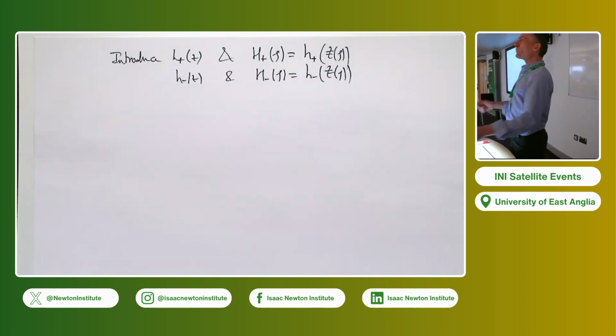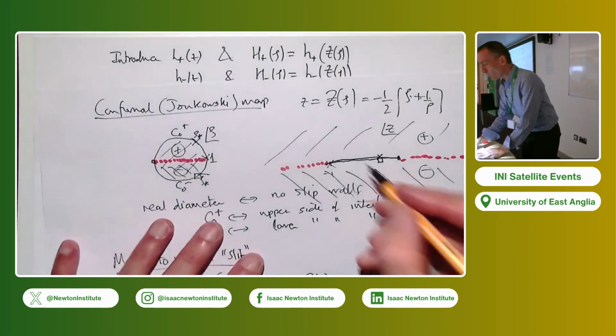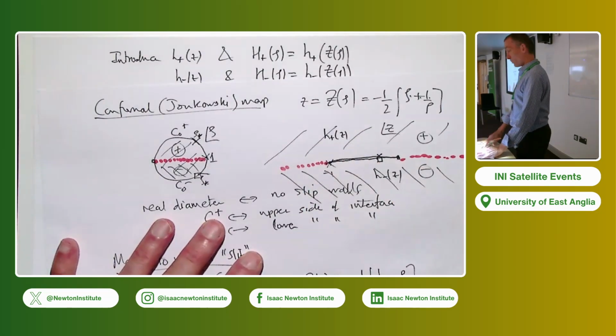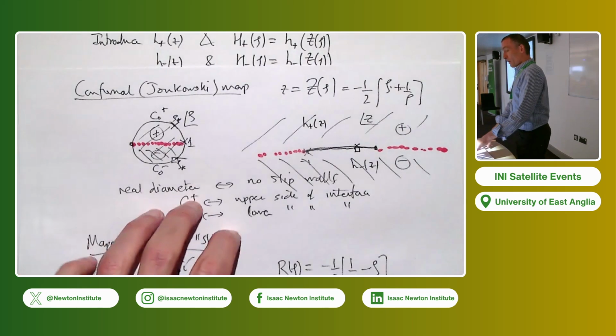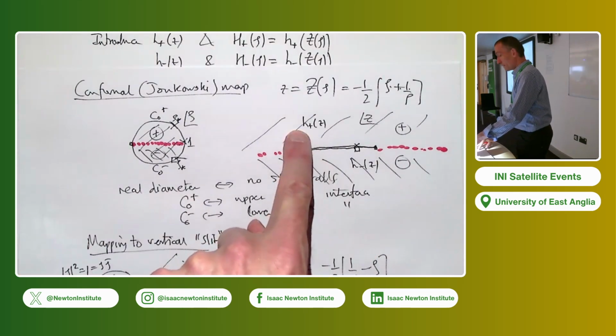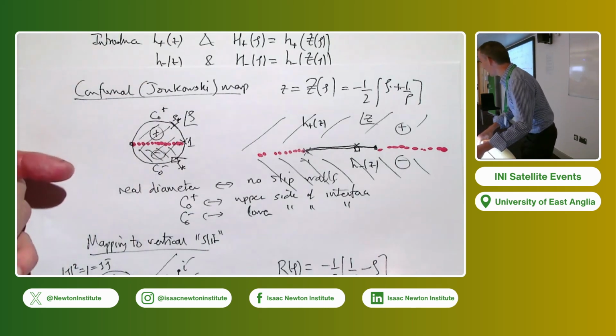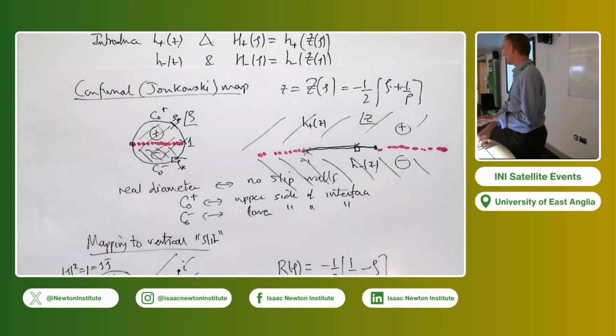Everybody see? Geometrically it's easy to think. Look, here I've got H plus and H minus. We already know what they are, we found them. But suppose we take a point zeta there and map it to Z there, and then evaluate H. That's H plus of zeta. Okay? It's a pullback. People call it a pullback.